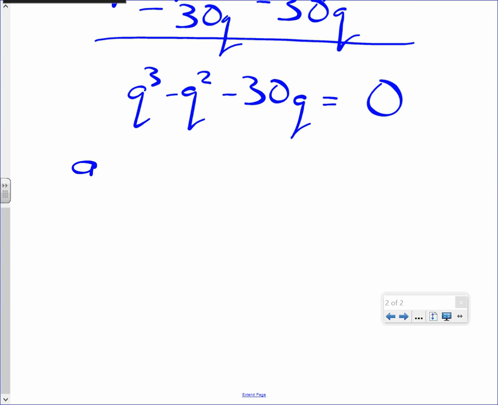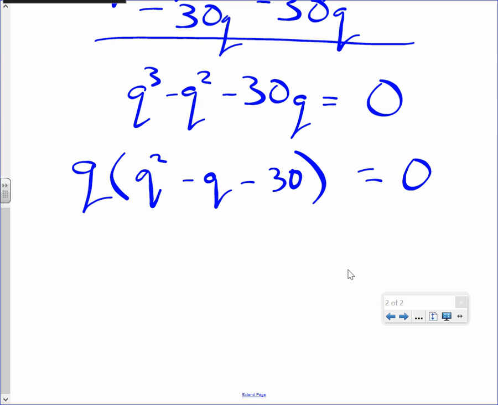Let's do it. q. We're still on step 1. We're going to factor the left side only. q times what is q to the third? q squared. q times what is negative q squared? Negative q. q times what? Negative 30. Equals 0. Let's keep going.